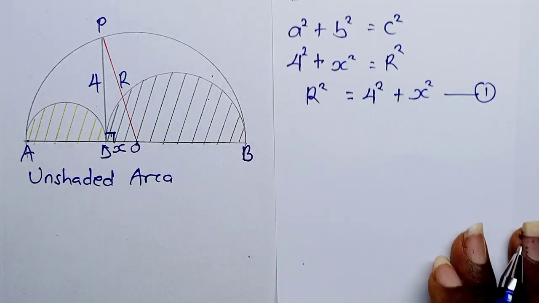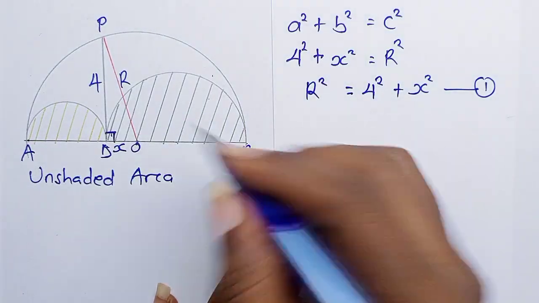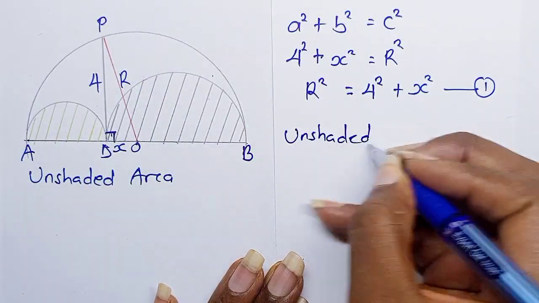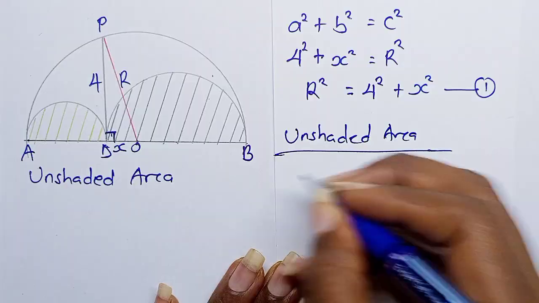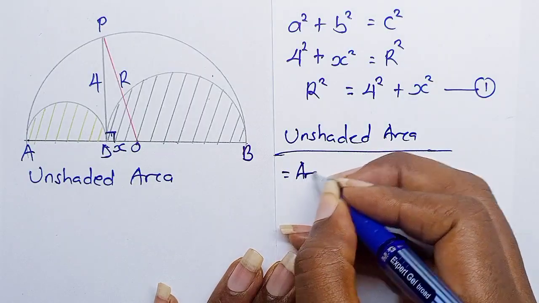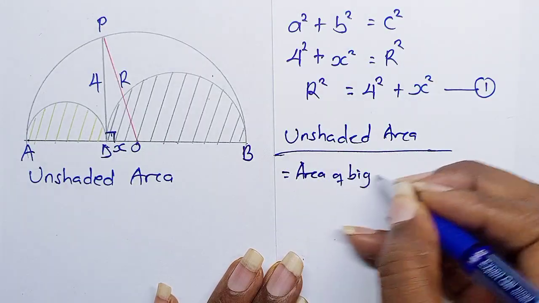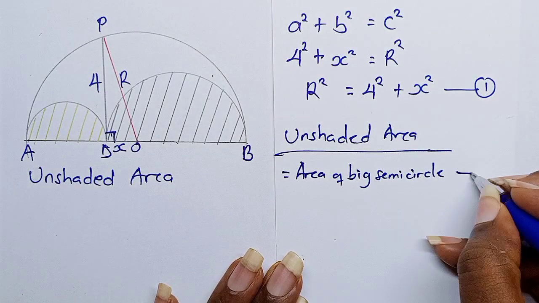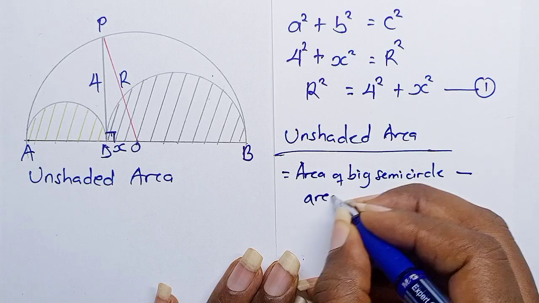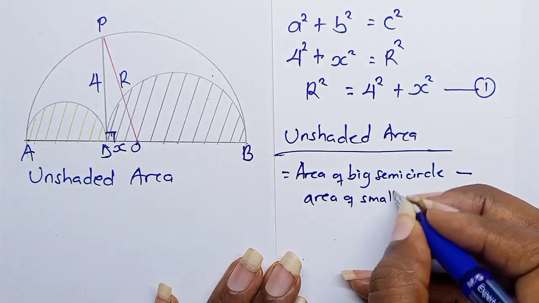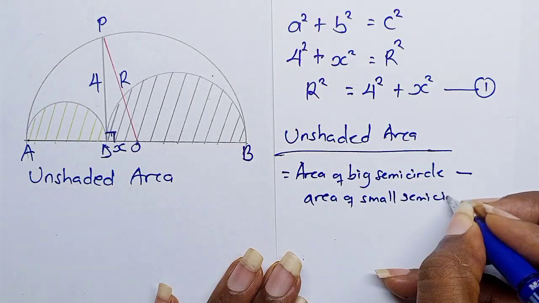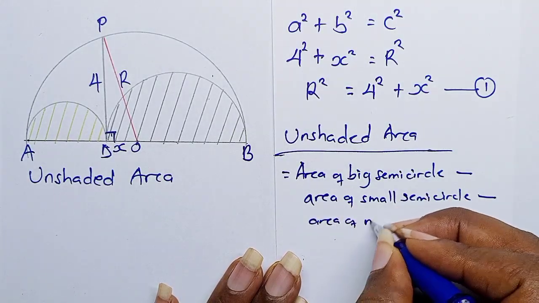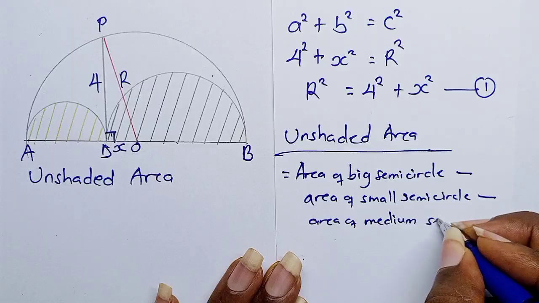Therefore, to find the unshaded area will be equal to the area of the big semicircle minus the area of the small semicircle minus the area of the medium semicircle.